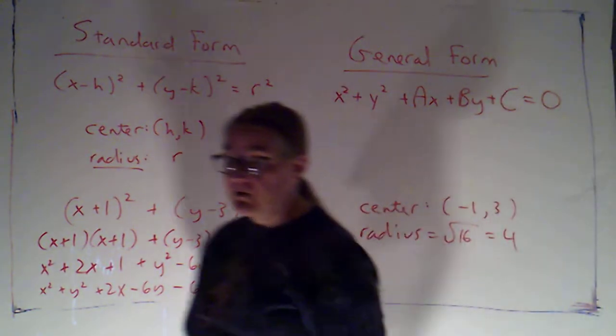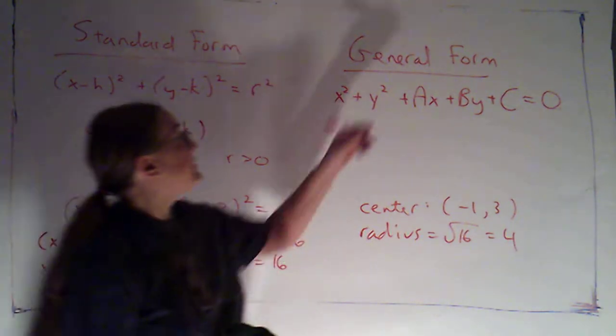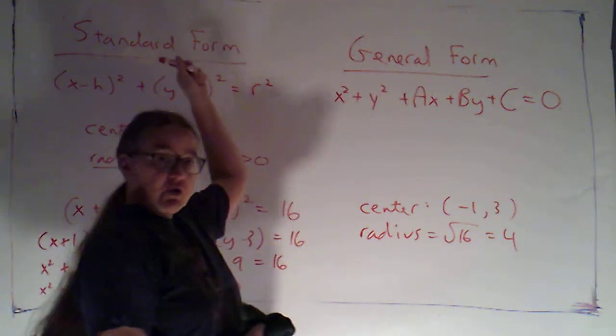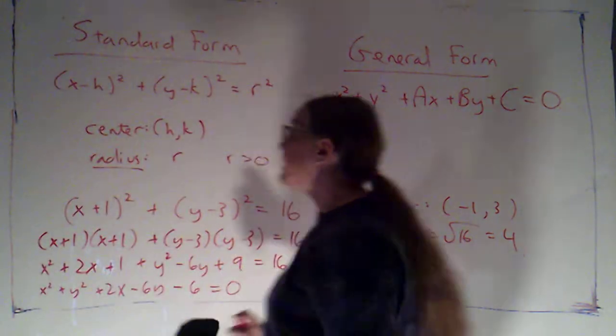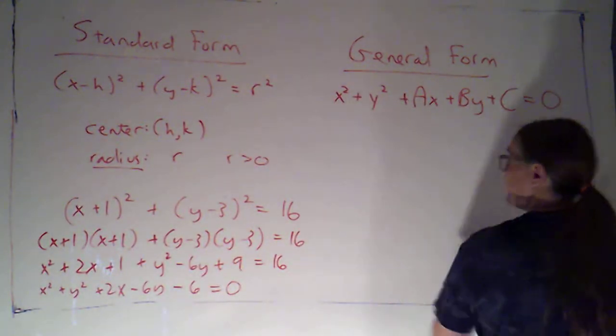What I want to take a look at is how do we go from general form to standard form. And we're basically going to do that by completing the square.